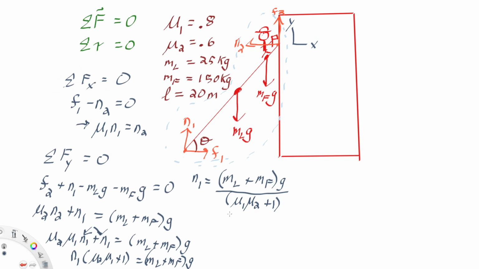So the numerator up here: the total mass is 175, g is 10, so we get 1750 in the numerator. And then in the denominator, we have 0.8 times 0.6, which is 0.48, and then plus 1. So our normal 1 is going to be 1,180 newtons.